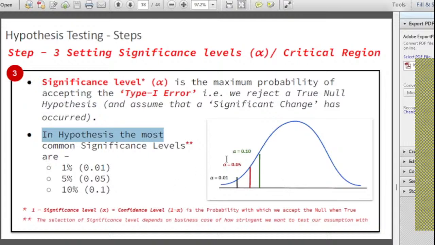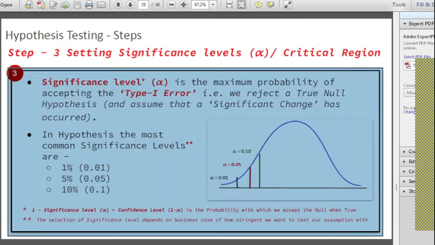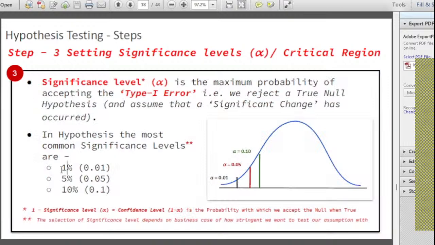So in hypothesis testing, as I said, there are three common significance levels: 1%, 5%, and 10%. If you want to be very stringent on errors, you select alpha as 1%.